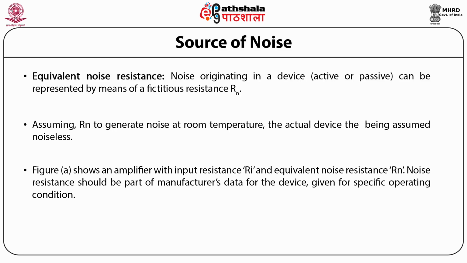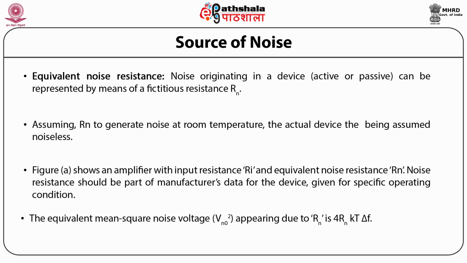As shown in figure A above, there is an amplifier with an input resistance Ri and equivalent noise resistance Rn. Noise resistance should be a part of the manufacturer's data for the device, given for specific operating conditions.